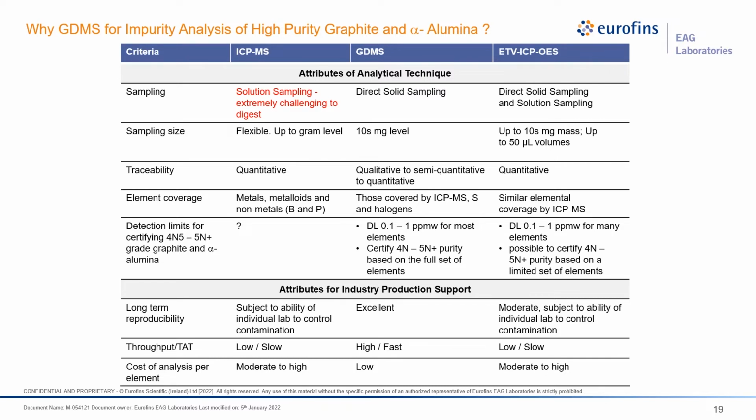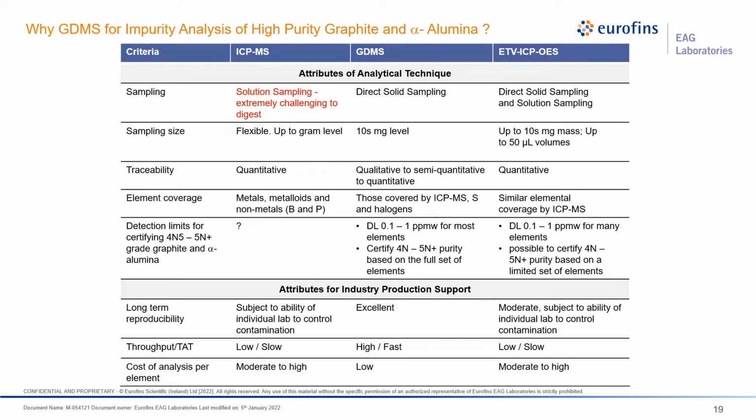But there are certain issues regarding industrial production support capabilities, because you really need very good control of the individual steps to control the contaminations. The process involves extensive sample preparation, so the turnaround time is delayed, and the cost of analysis is high because it involves a lot of consumables.